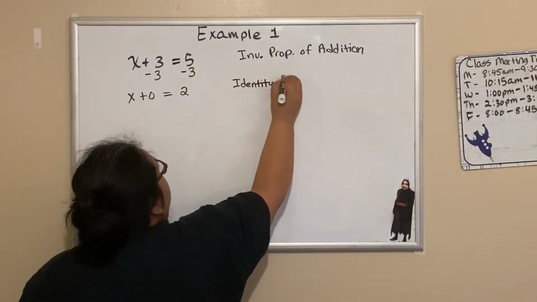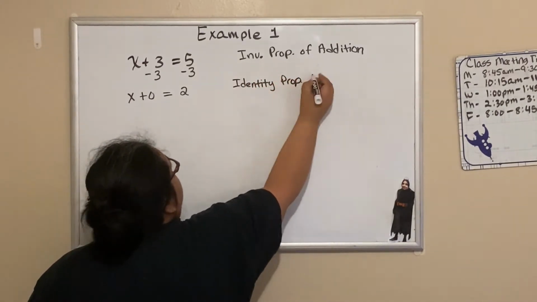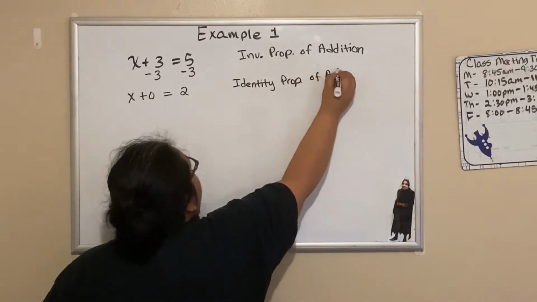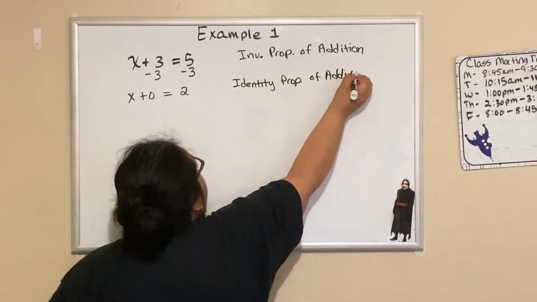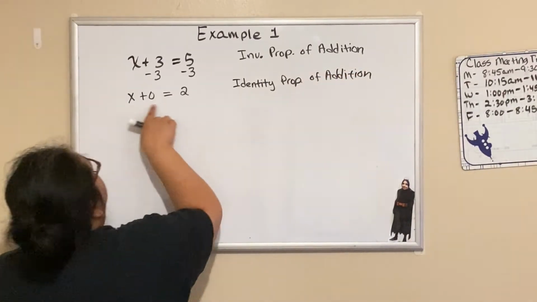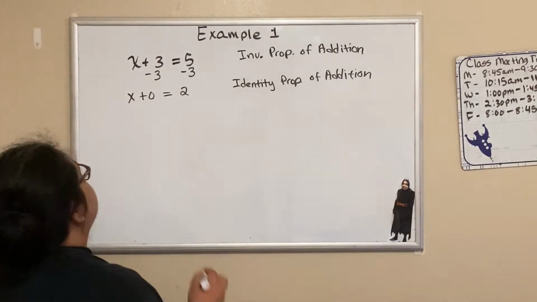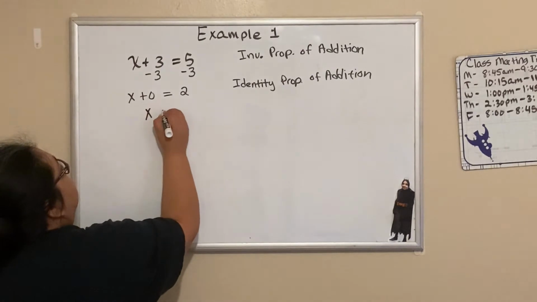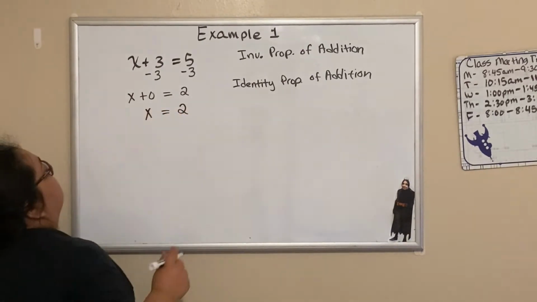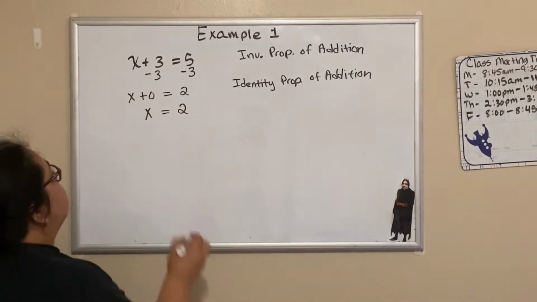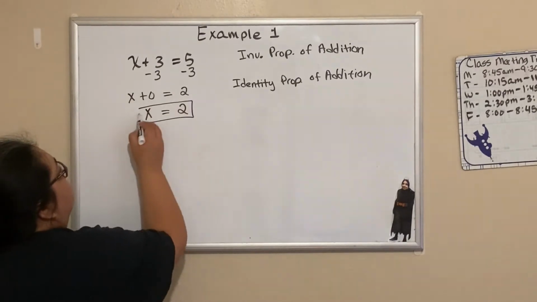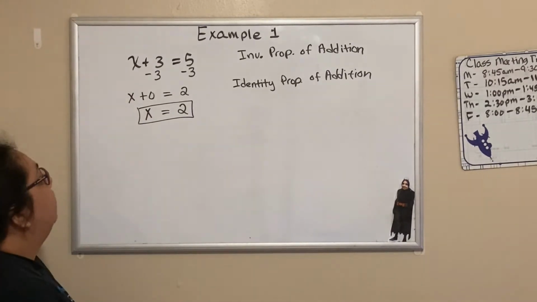Identity property of addition. Okay, and the identity property of addition says if I have a number and I add 0, I get the same number. So this is just going to be x equals 2. And that's the answer to our equation.